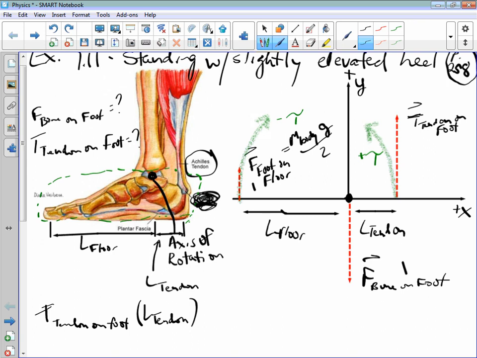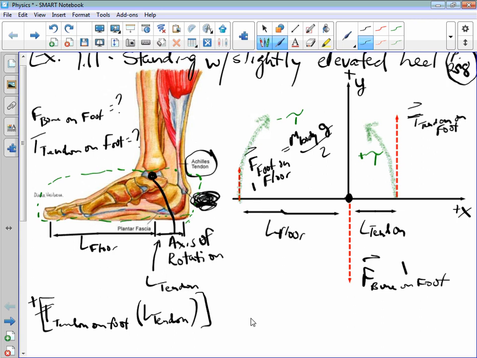Now in this example problem, they don't worry about the sine of the angle. Since everything's at 90 degrees, sine 90 is 1, so we're not even including it. Because this is causing a positive torque, we're going to put a positive sign there. Force of the bone on foot, we're not going to worry about that because the distance from the point of rotation is 0, meaning that term is 0.